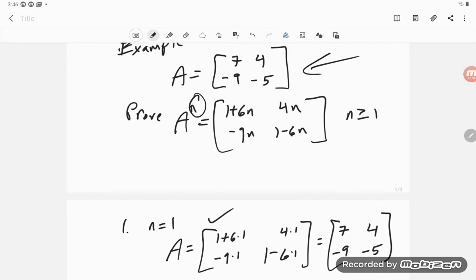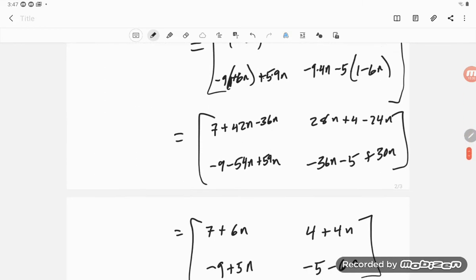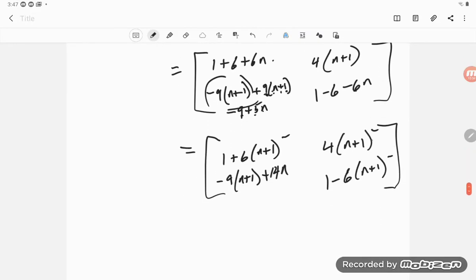Well, if I do an n plus 1 here, I should end up with a 1 plus 6 times n plus 1, a 4 times n plus 1, and a 1 minus 6 times the quantity n plus 1, right? So each of those is an n plus 1, but in parentheses. And those three I have, right? If I come back down here, that's what I have.